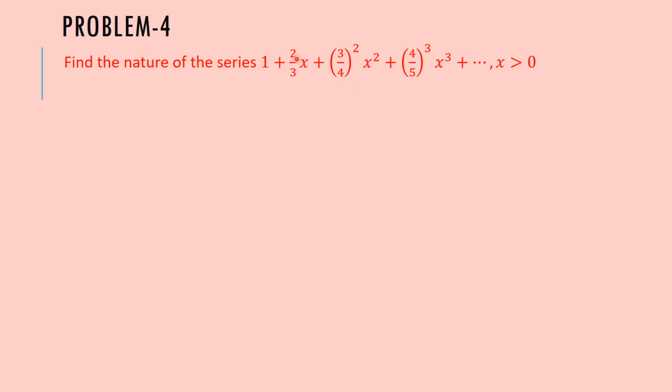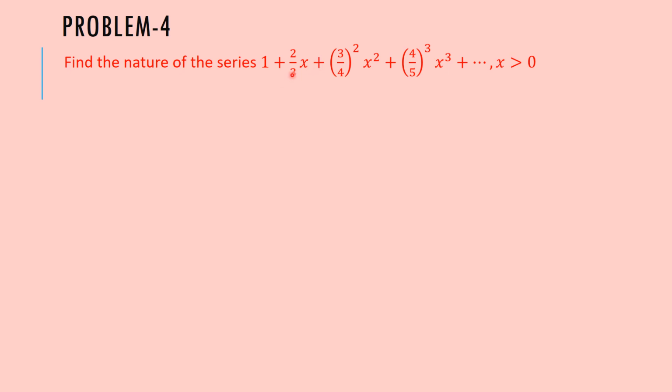If you properly observe this, it is very easy to write the nth term if you neglect the first term. So if you neglect the first term, we get the nth term. We consider the first term as 2 by 3 x. In the numerator, first place it is 2, second place it is 3, third place it is 4, so the nth place is n plus 1.